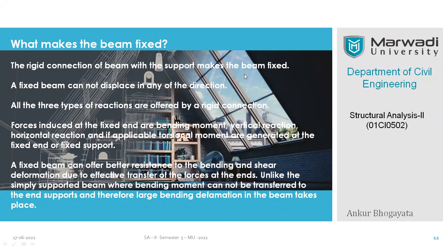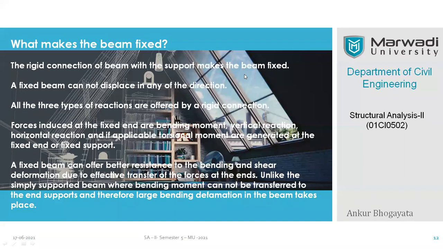Unlike the simply supported beam, where bending moment cannot be transferred to the end supports, and therefore large bending deformation is expected in a simply supported beam. Now let's visualize these two things together. On the left-hand side you have a fixed beam, on the right-hand side a simply supported beam.